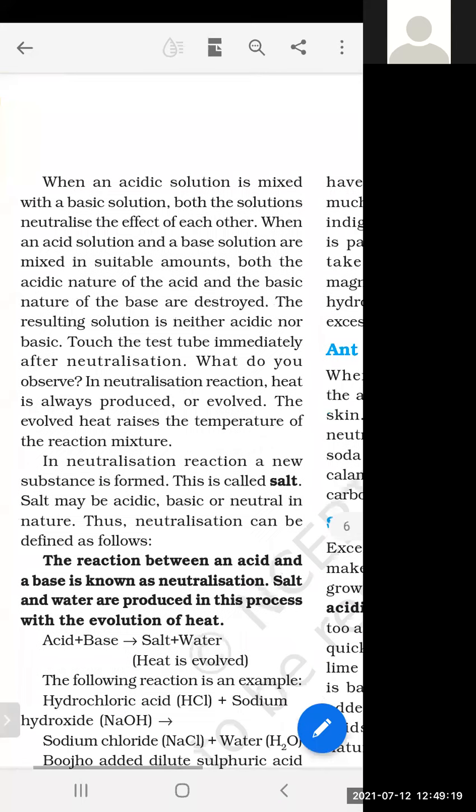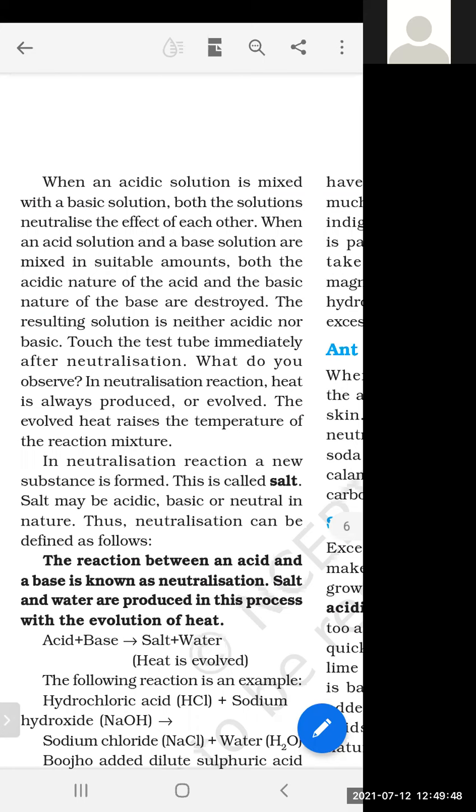When an acid solution is mixed with a basic solution, both solutions neutralize the effect of each other. When an acid solution and a base solution are mixed in a suitable amount, both the acidic nature of the acid and the basic nature of the base are destroyed.